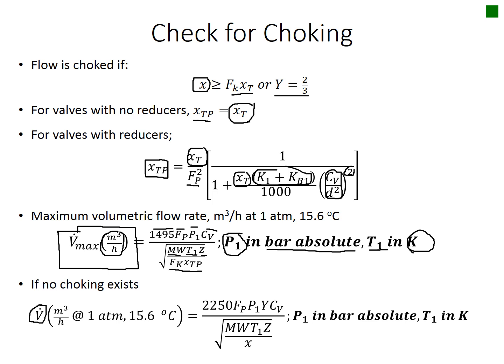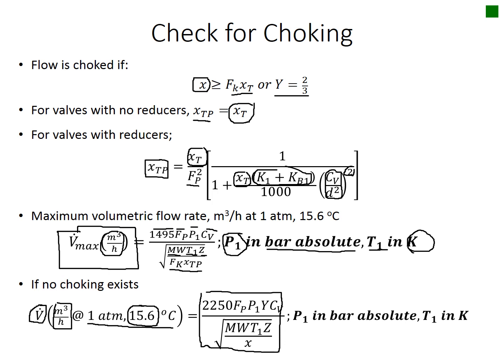can be calculated using this equation. Again, our pressure will be in bar, and temperature T1 in degrees K. Again, our volumetric flow rate will be in meters cubed per hour, but that flow rate is calculated where we have a reference condition of 1 atmosphere and 15.6 degrees Celsius temperature.